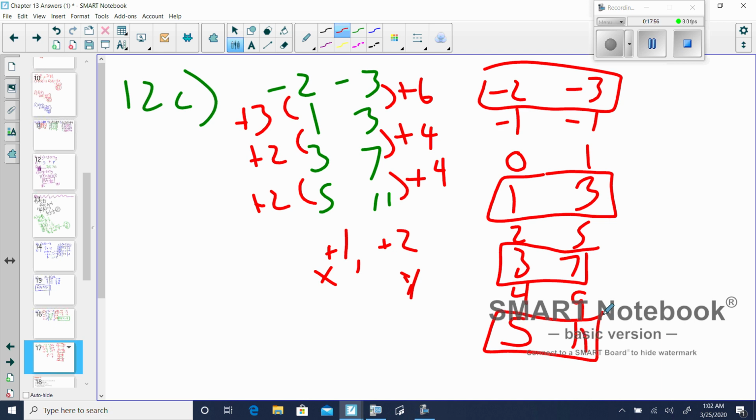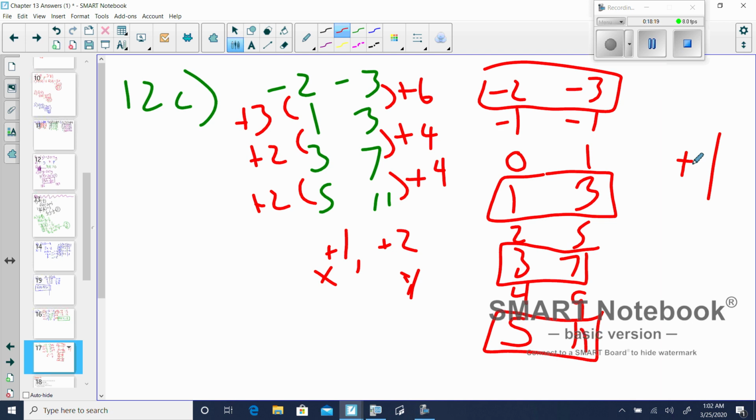So we have 1 for our b, right, because we're looking at y equals mx plus b. And how are we increasing each time? Well, if we go up 1 on x, we're increasing by 2 on the y-axis.